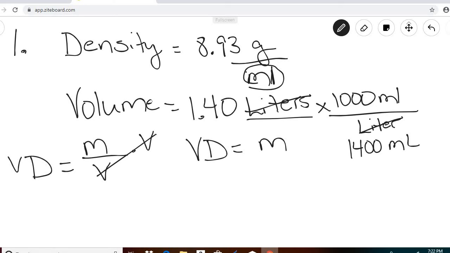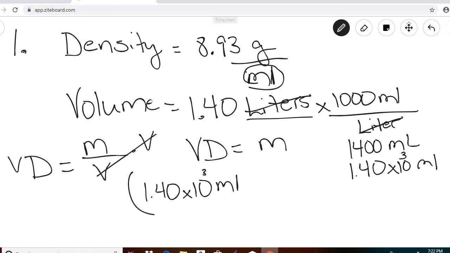And in terms of significant figures, since we need 3 significant figures, we need to write this as 1.40 times 10 cubed milliliters. Okay, now we're ready to just plug in the numbers. So the volume is 1.40 times 10 cubed milliliters. And the density was 8.93 grams over milliliters.